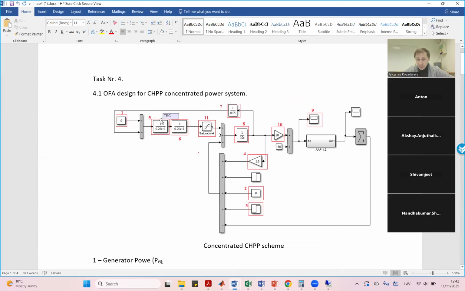We've represented with CHPP. So that means that we have two different transfer functions that represent the difference between CHPP and hydro. We understand hydro, we have a water turbine that rotates a generator. Here we have a steam turbine that rotates a generator.